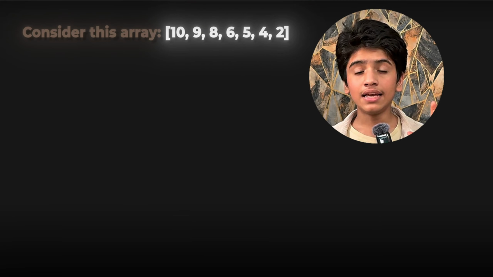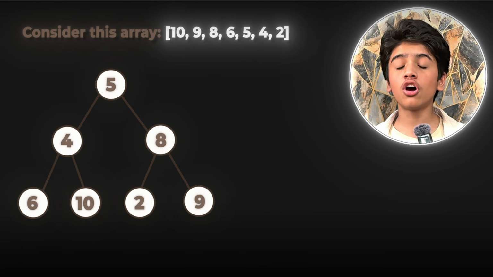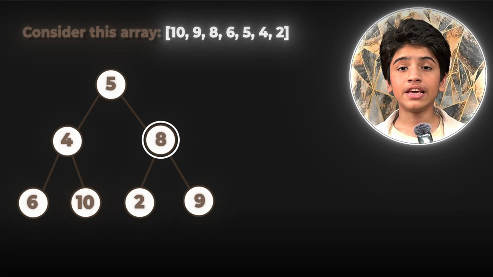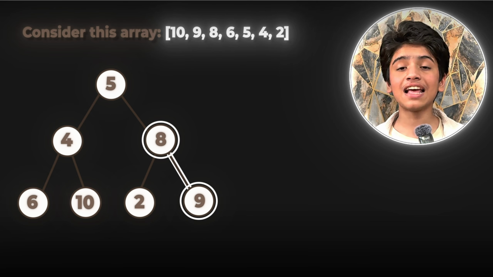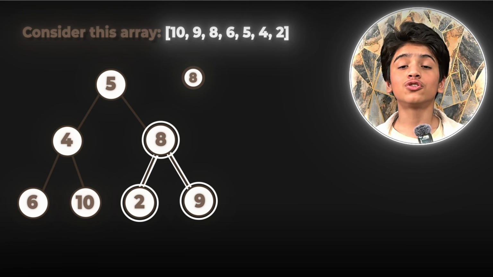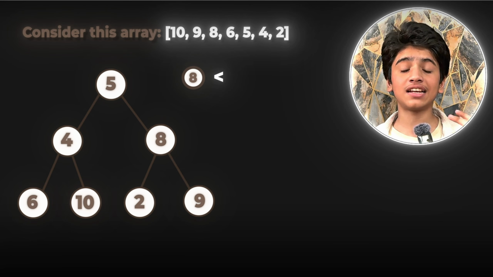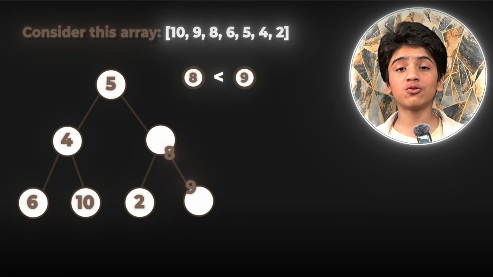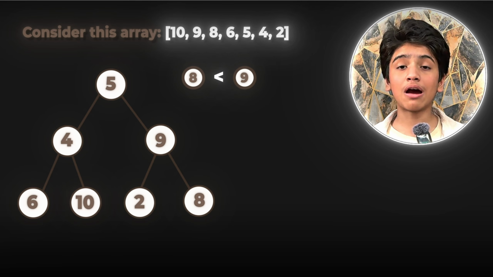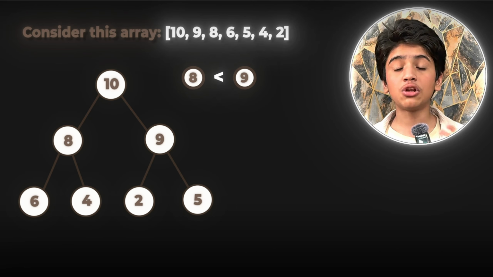For example, in this heap, the last non-leaf node is 8. If we select 8, 8 has two children. The first child is 9 and the second child is 2. So 8 has a child which is greater than itself, which is 9. So we are going to swap 8 with 9, and then we are going to repeat this process throughout the entire tree or array till we heapify it.